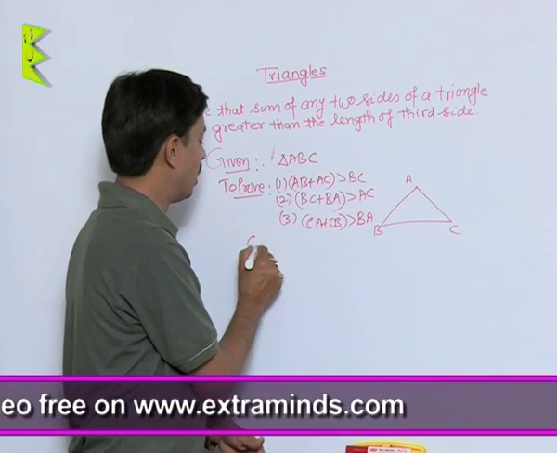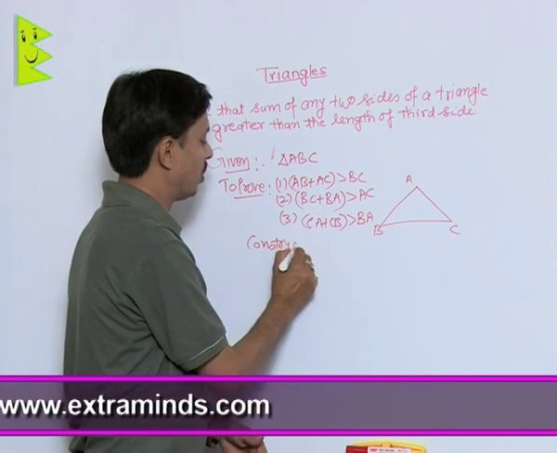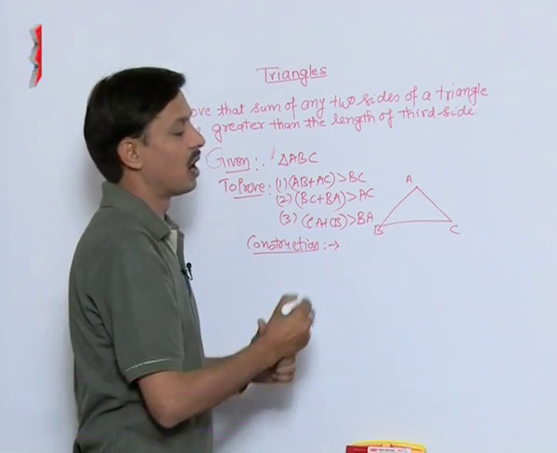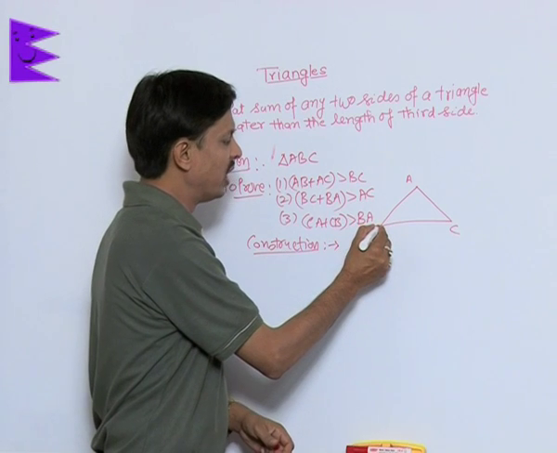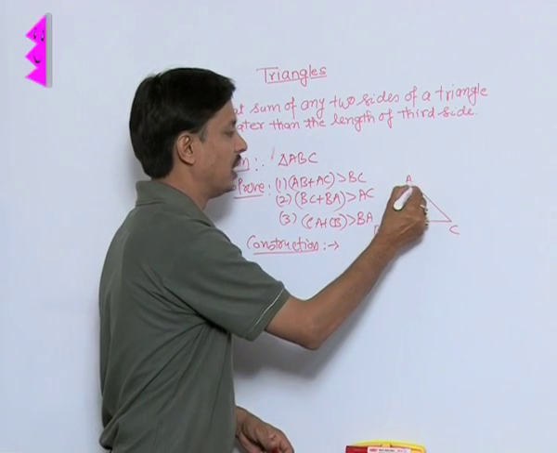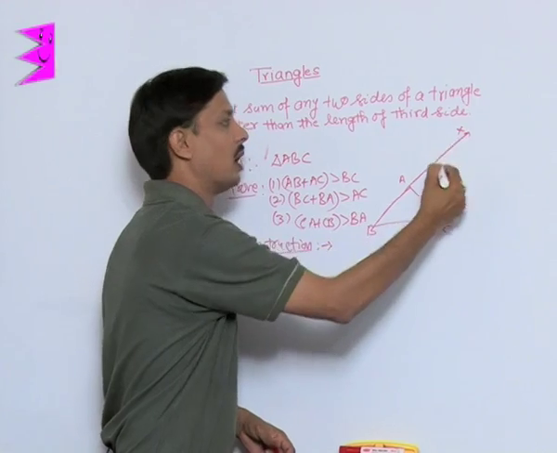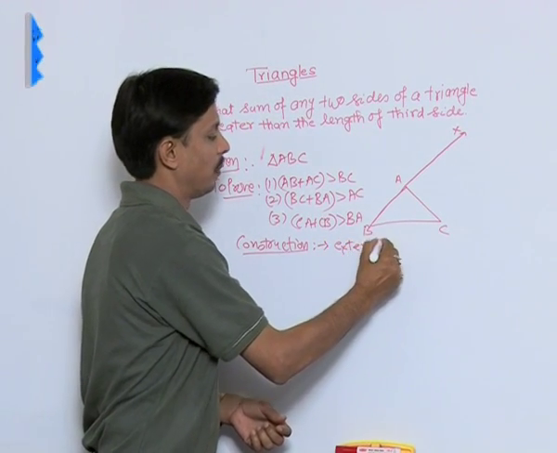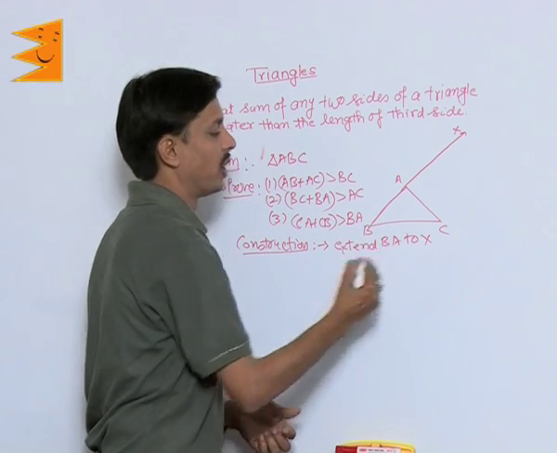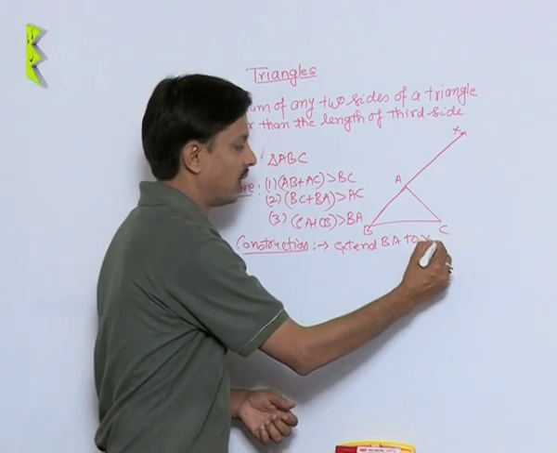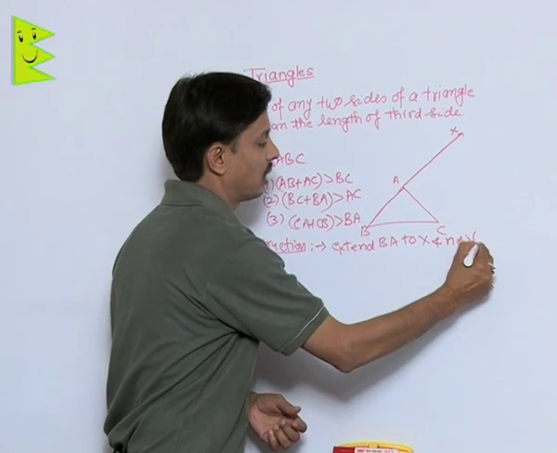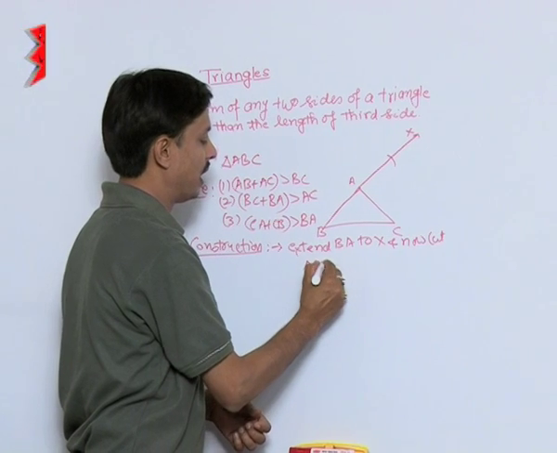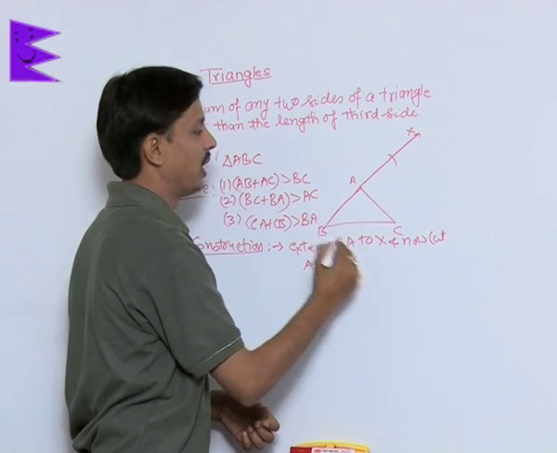After it, sometimes we need a few constructions. In this problem, there is a part of construction. What is that part of construction? We need to extend side BA to any point X. I can say extend BA to a point X, and now cut AD equal to AC.